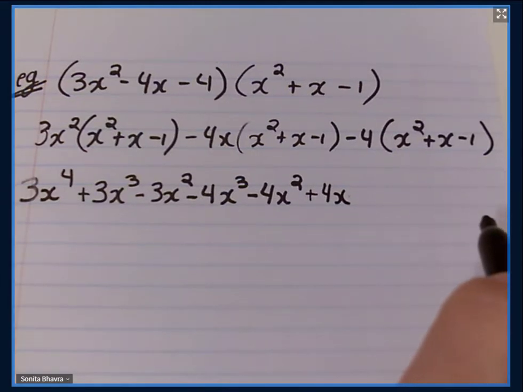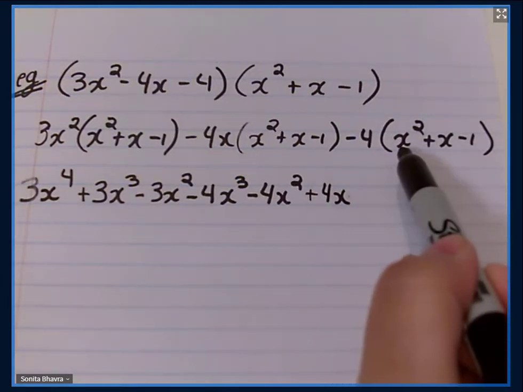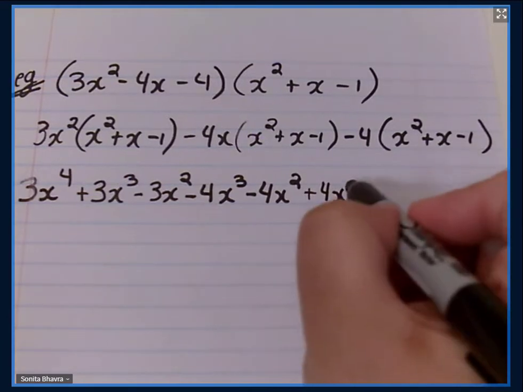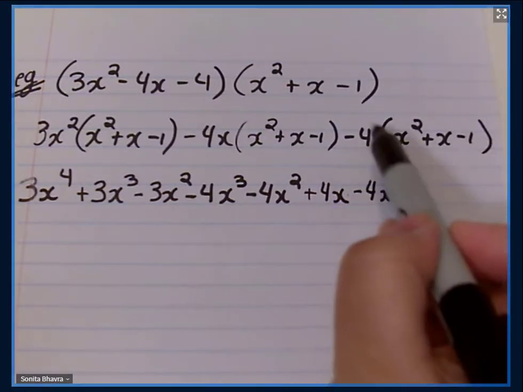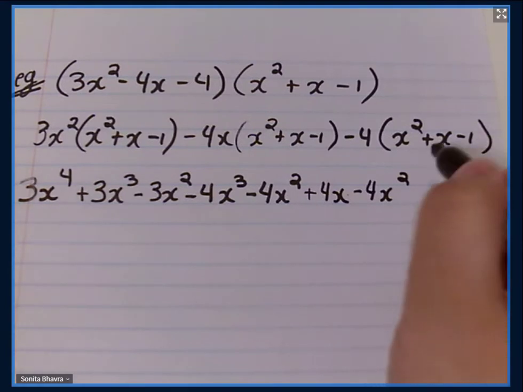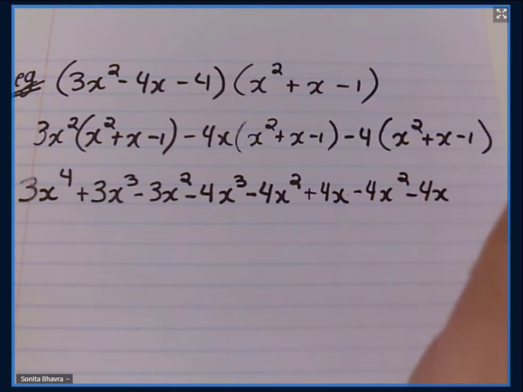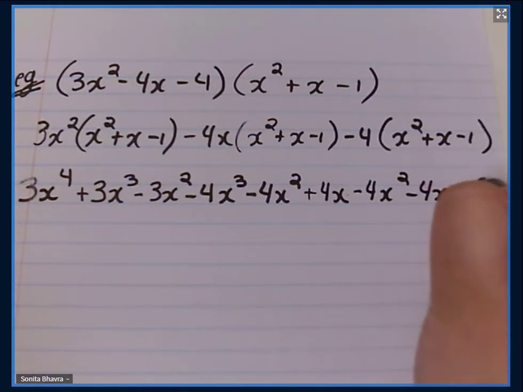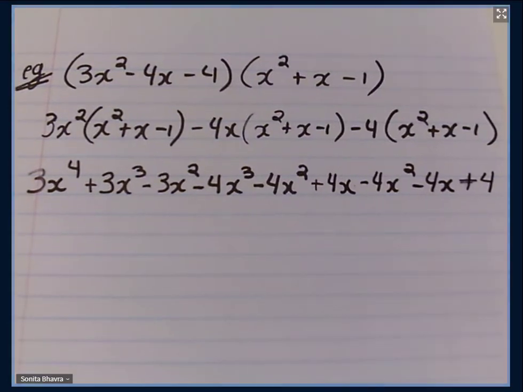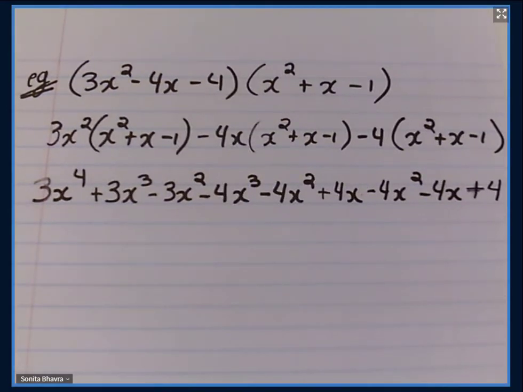And our last bracket, negative 4 times x squared is negative 4x squared. And then negative 4 times x is negative 4x, and then negative 4 times negative 1 is positive 4. All right, so there we have it, and now we just have to collect our like terms.